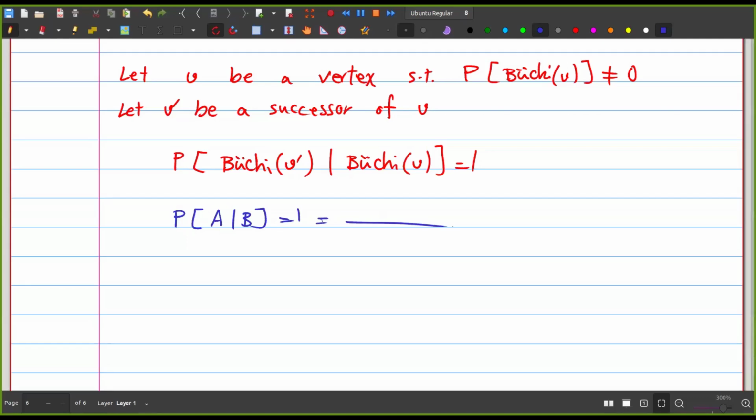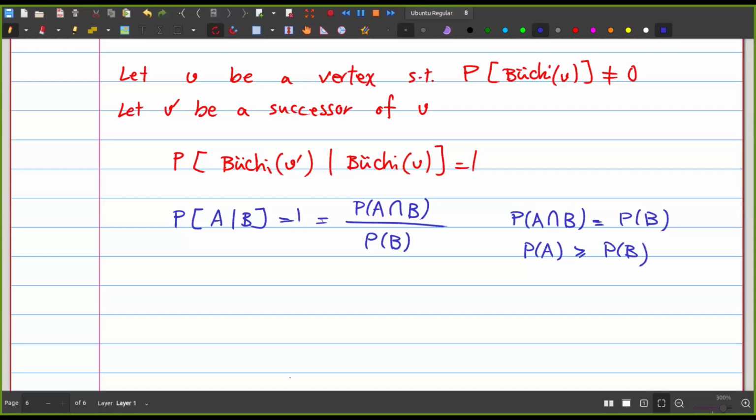That means that probability of A intersection with B divided by probability of B is 1, right? So probability of A intersect B is the same as the probability of B, which means that probability of A, which has to be greater than or equal to this one, because A intersect B is a subset of A, is greater than or equal to the probability of B.